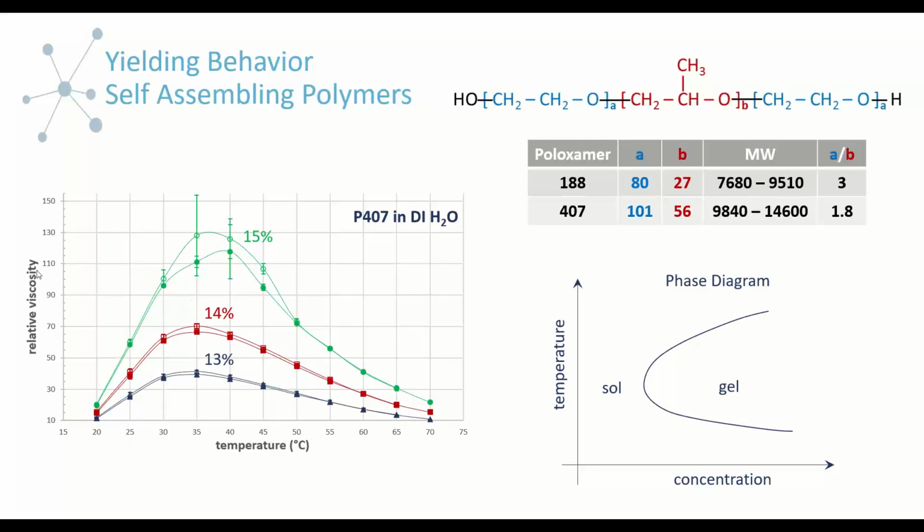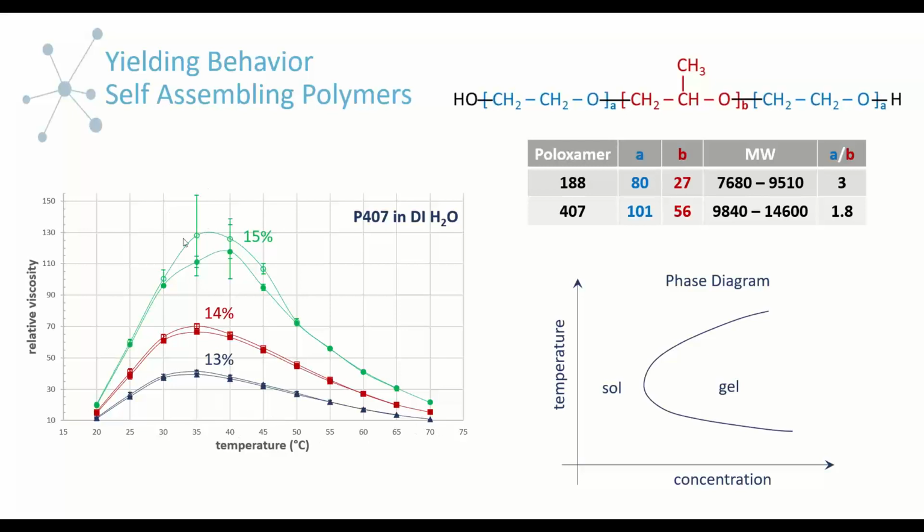So what we have then is, let's look at the relative viscosity as a function of temperature for different concentrations of our poloxamer. And what we see is as we go up in concentration, so now we're moving along this axis, initially we don't see any unusual behavior as our viscosity increases and then subsequently decreases with increasing temperature.